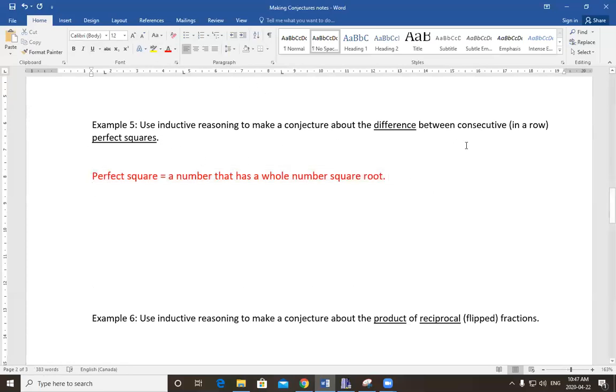All right, so we need to subtract consecutive perfect squares. Our perfect squares would be 1, 4, 9, 16, 25, for example.